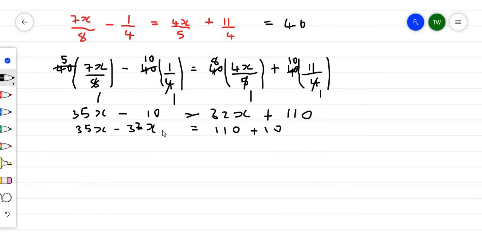Now all I'm going to do is to combine the like terms. So 35x minus 32x, that's going to leave me with 3x. It's going to equal to 110 plus 10, that's going to give me 120. All I need to do now is to divide both sides by 3.